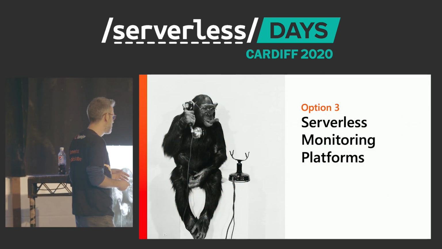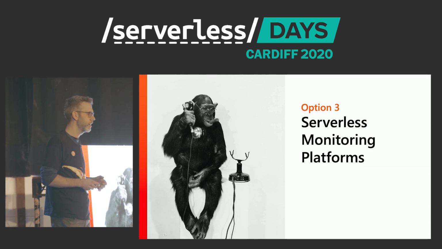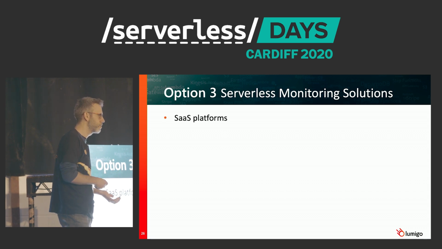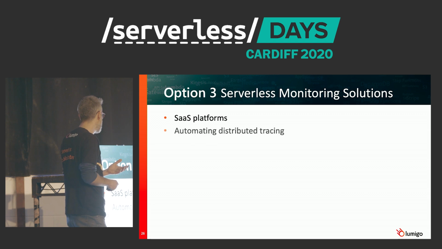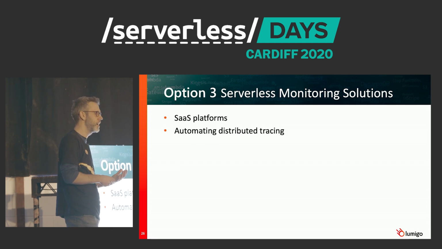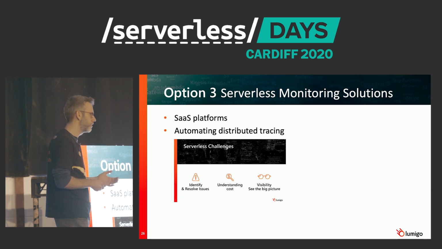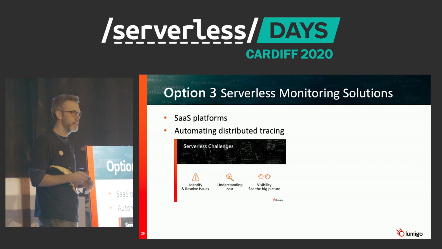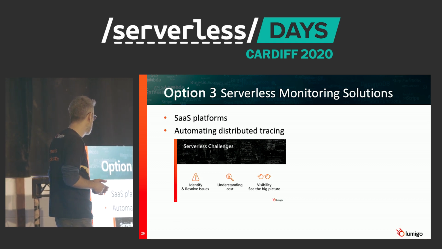Third option is using a serverless monitoring platform. There are several out there. And basically what these do, they're SaaS platforms. They connect to your system. They do automated tracing without you having to change your code at all. They give you more than tracing. For example, they help you understand your cost and other things you want to get inside your serverless applications.